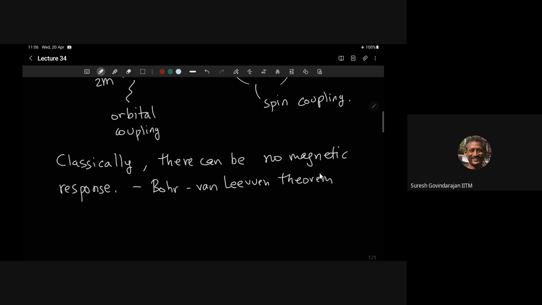So it's very clear that any magnetic effect, be it orbital or spin, is already a quantum mechanical object. You cannot picture an electron spinning because it's spin half. You'll never get that.